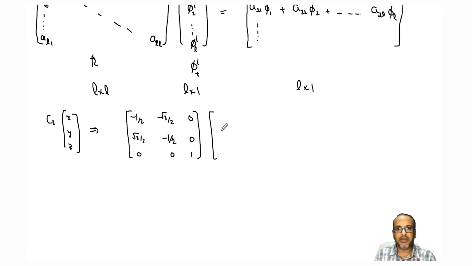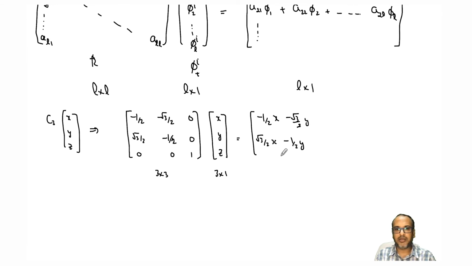And when I apply it on X, Y, Z, this is my 3 cross 3 matrix, this is my 3 cross 1 matrix, which is phi t, and what I get here is minus half X minus root 3 by 2 Y, then root 3 by 2 X minus half Y, and Z, right? And this is my 3 cross 1 matrix.